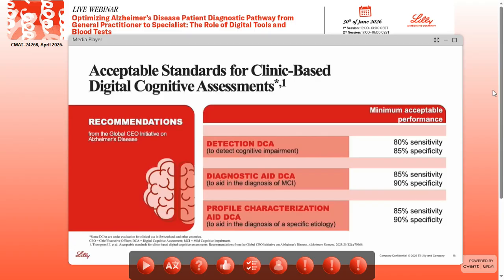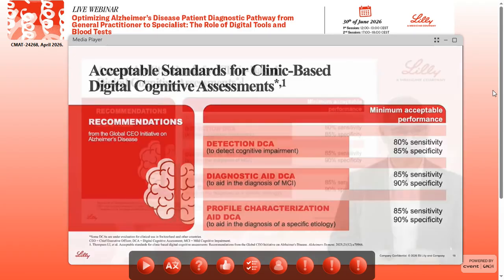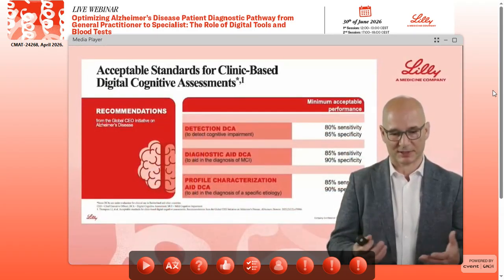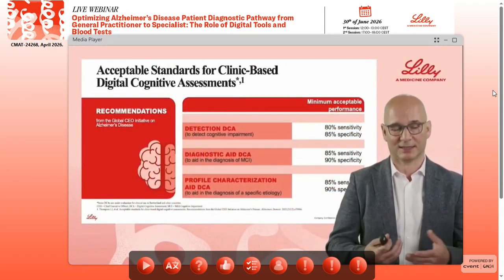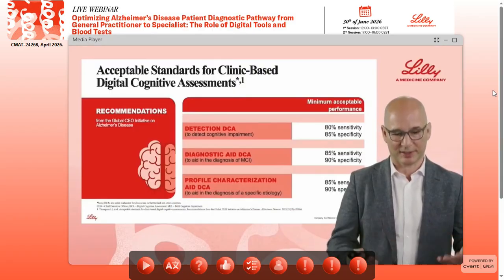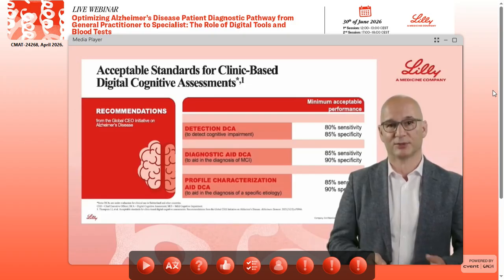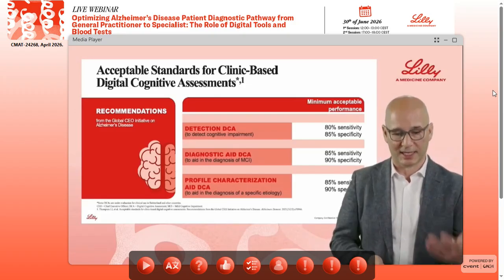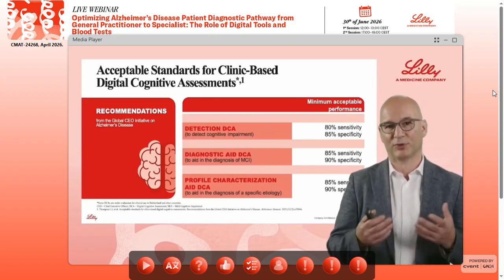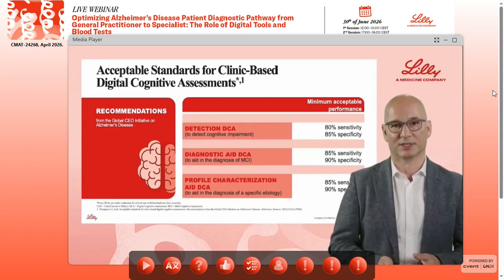There has been a recent publication on digital cognitive assessments that are clinic-based, so on-site, done in the GP office or the specialist office or the memory clinic. And the Global COI Initiative just published for these on-site tests some recommendations for a detection use case, for a diagnostic aid use case, and for a profile characterization use case.